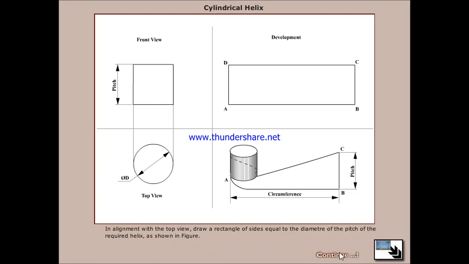Now, in alignment with the top view, draw a rectangle with sides equal to the diameter and the pitch of the required helix as shown in the figure. In the front view the cylinder will appear as a rectangle.